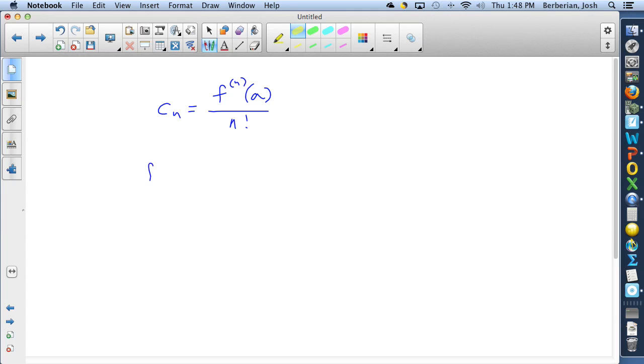So the eighth derivative would be f superscript parentheses 8 of a. That means the eighth derivative. I think we may have seen that notation a long time ago. And now I'm ready to put it in a box.